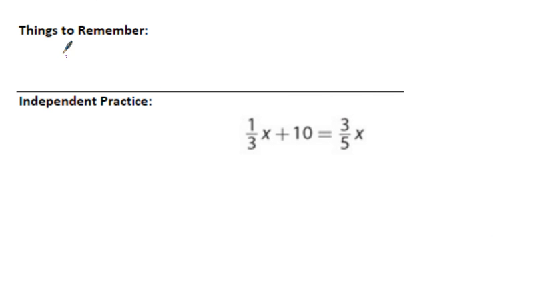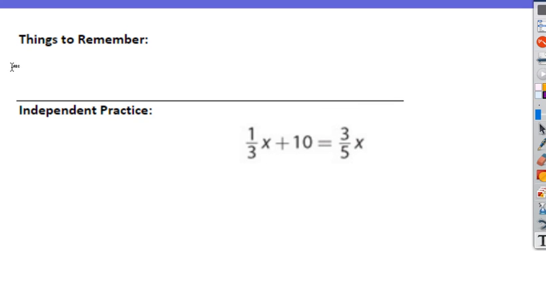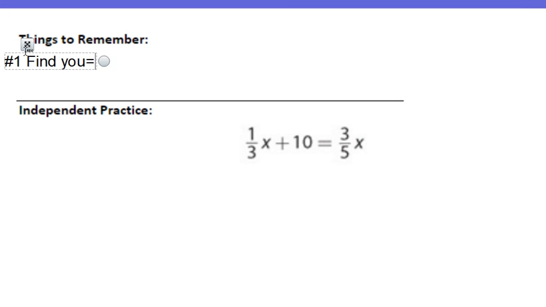All right, so things to remember. We need to first find our common multiple. Step 1, find the least common multiple.